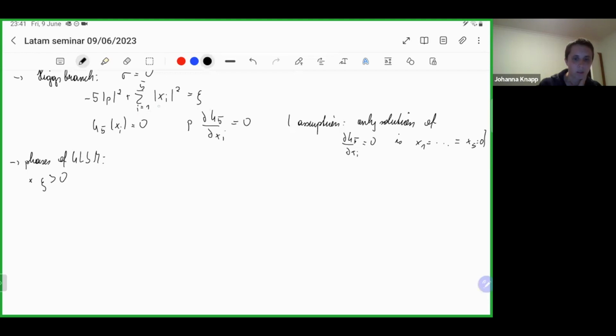Because if all of the x's are 0, then the right-hand side will be positive and the left-hand side will be negative. So this is the first observation. So no solution for x1 equals x5 equals 0. And this will be this deleted set.